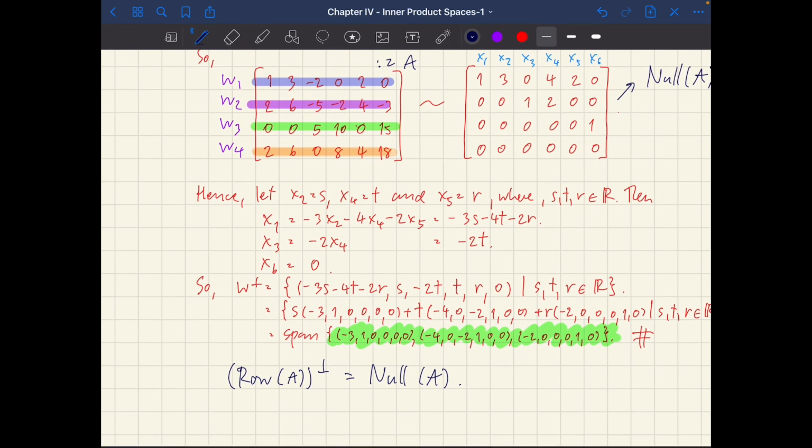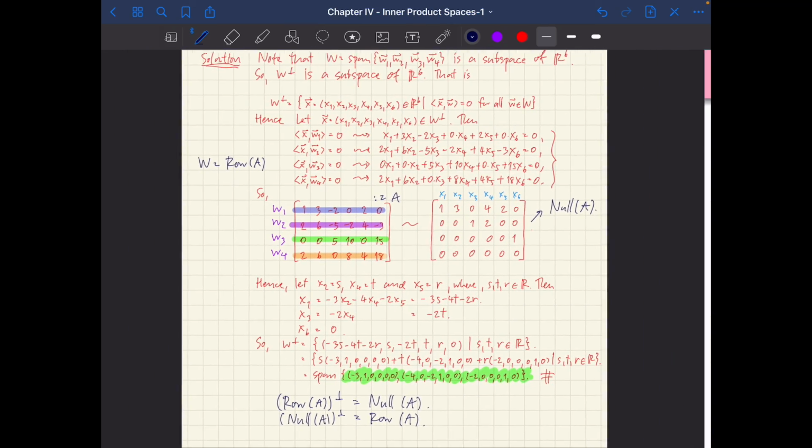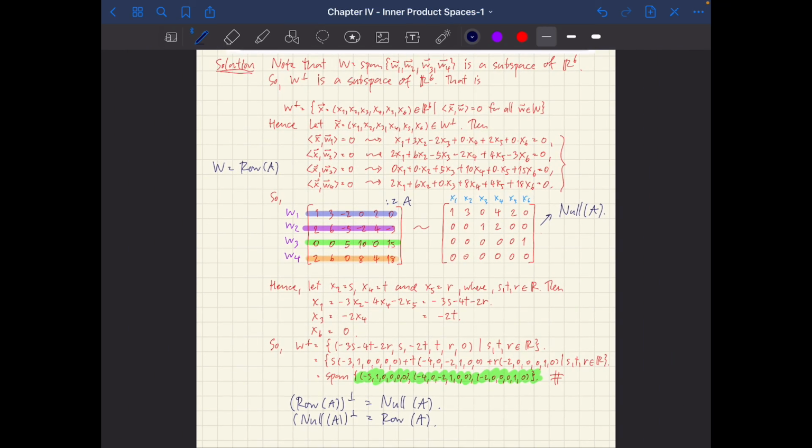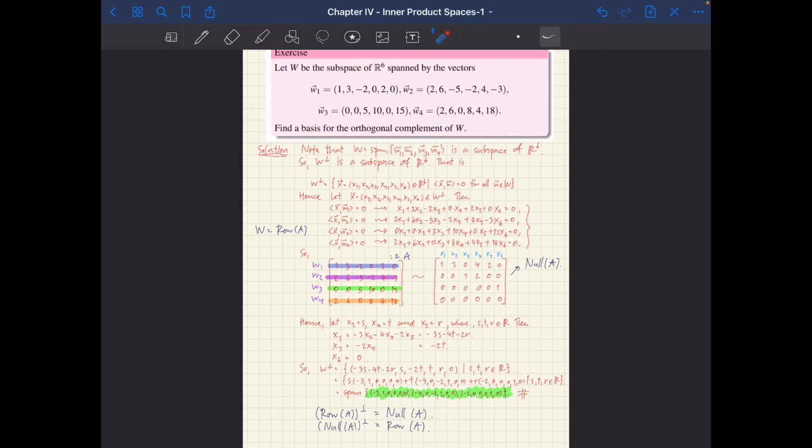And from this identity, we can show that the null space of A perp is equal to the row space of A. We can obtain this from this example. If you need to prove this, I think the proof is not hard.